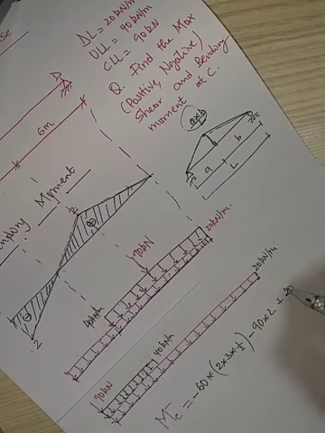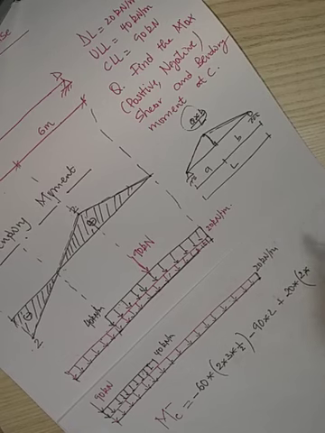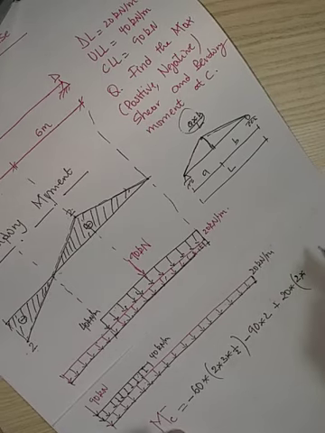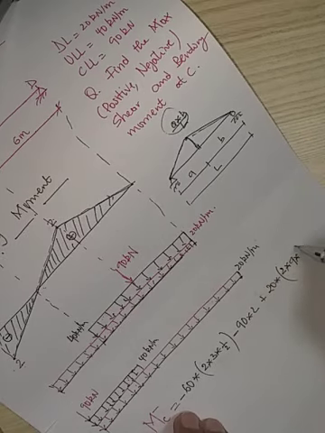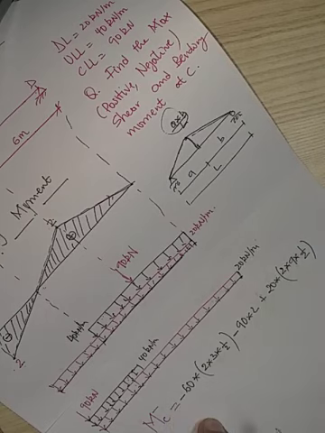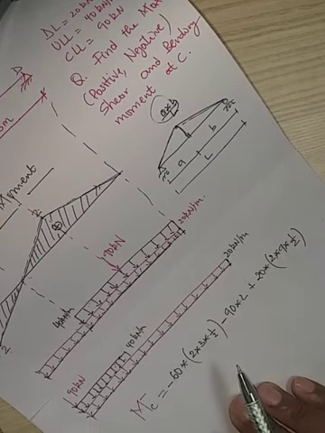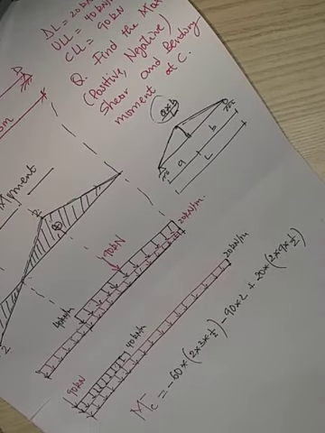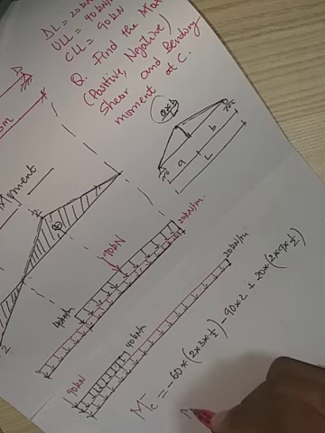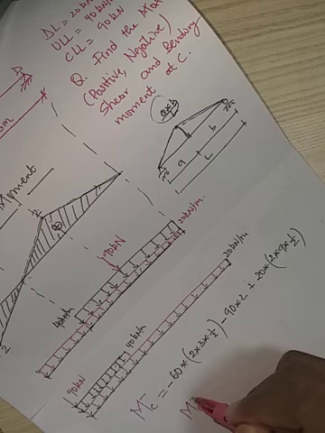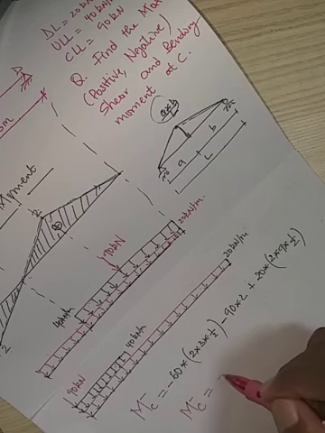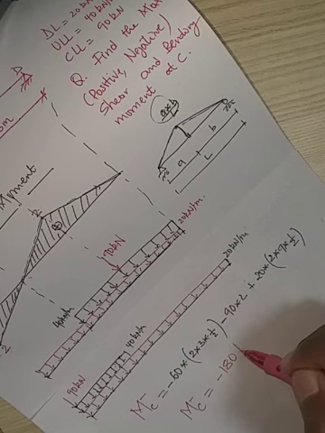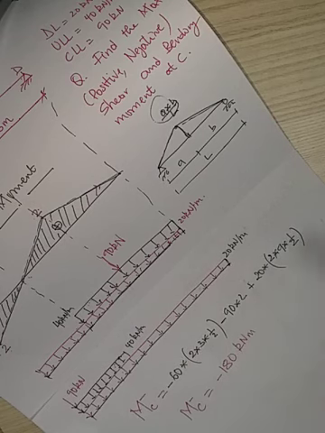So that is 20 times the area, 2 times 9 times half. So we get this formula to calculate the maximum negative bending moment. After calculation, we get the maximum negative bending moment equal to minus 180 kilonewton meter.